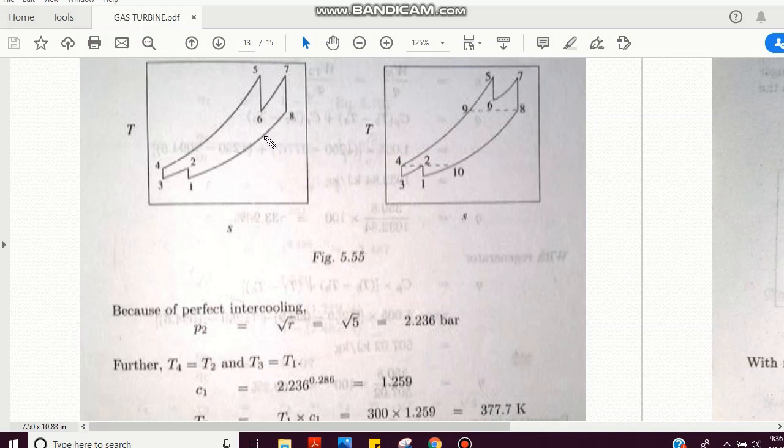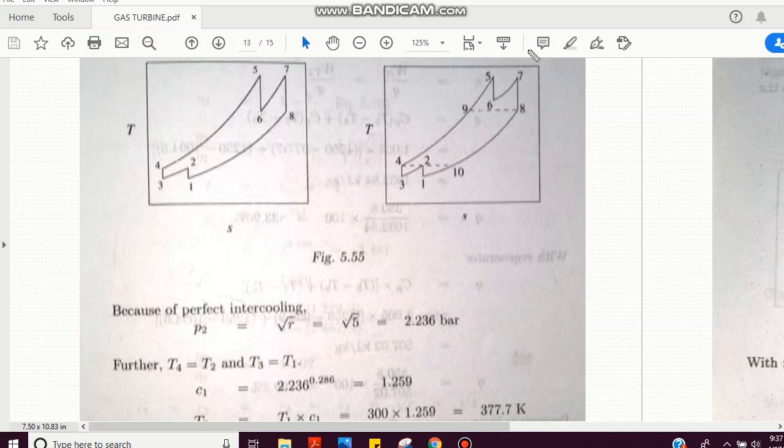First, the without regeneration case: the first stage compression process is 1 to 2, then 2 to 3 is the intercooled process, then 3 to 4 is the second stage compression process, then 4 to 5 is the first combustion chamber process, 5 to 6 is the first stage turbine, then 6 to 7 is the second combustion chamber, that is the reheat process, 7 to 8 is the second turbine expansion, and 8 to 1 is the exhaust.